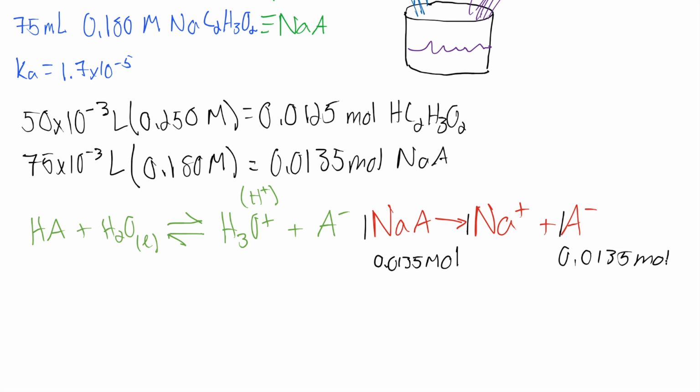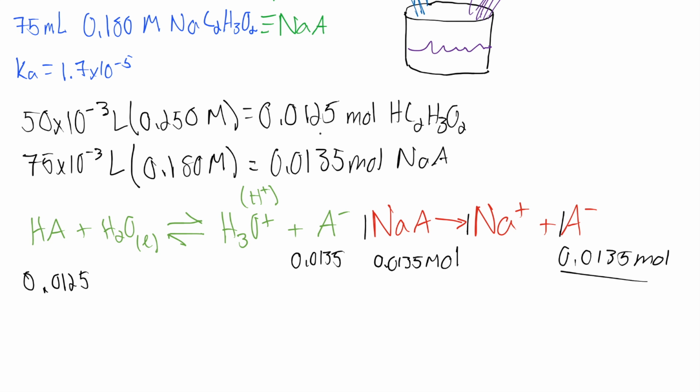This is moles of this. So what we can do is take this and put it over here. So we have 0.0135 moles, and then of course we have 0.0125 moles of our acid, acetic acid.